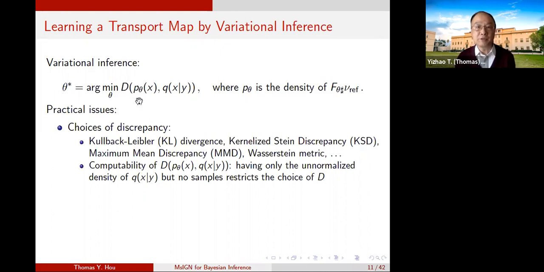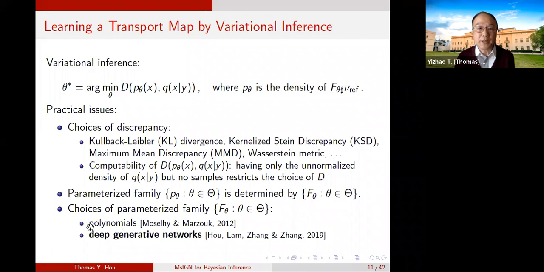If the map is further invertible, you also know the density. So that is the dilemma we are facing: in order to choose a proper discrepancy, you need to take into account the fact that we don't have samples for Q. That limits what kind of discrepancy metric we can use.